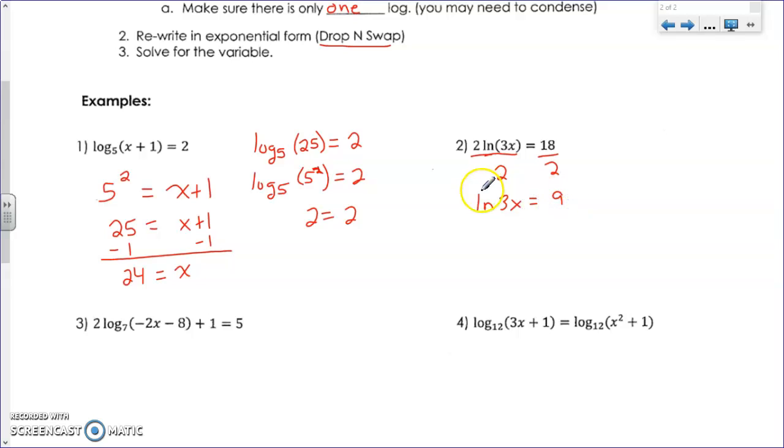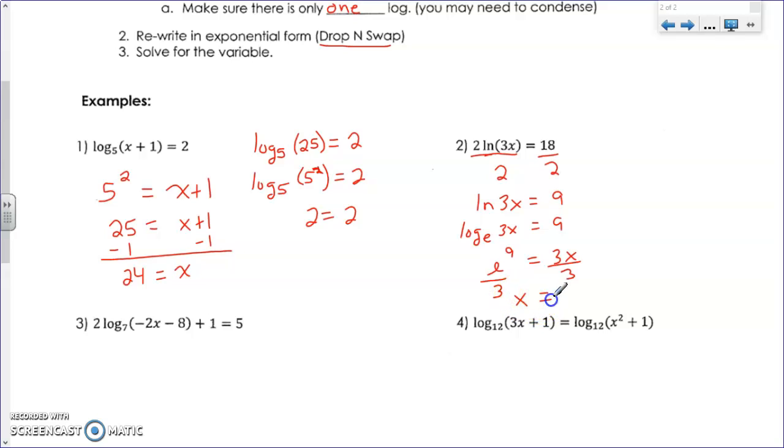Remember, ln is log base e, so you're going to have e to the 9 equals 3x. I don't know why I do non-cursive e and then cursive. I need to get x by itself because remember we drop and swap, so we're going to divide by 3.